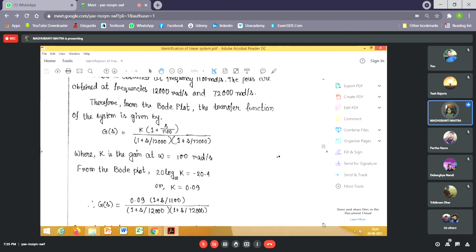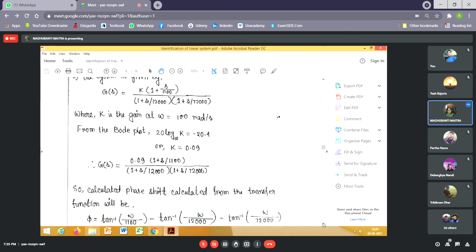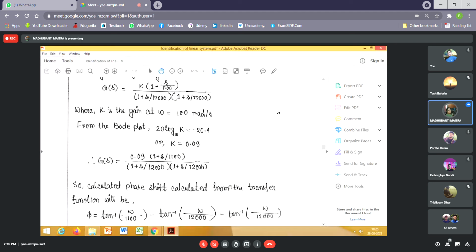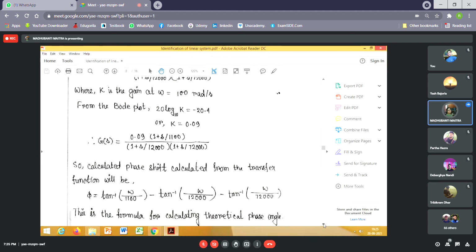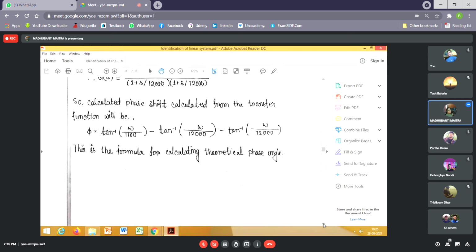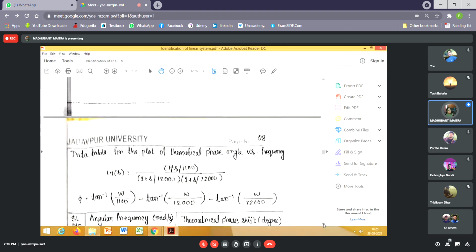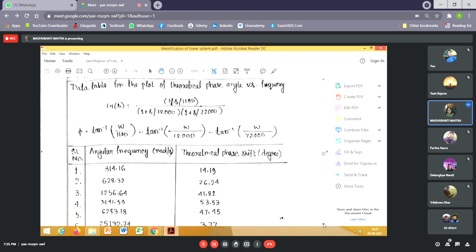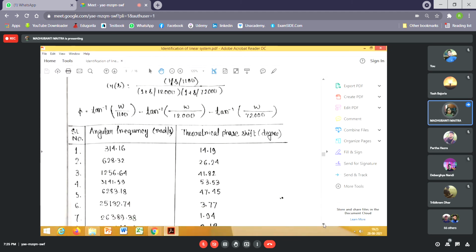Whereas once we obtain the transfer function, assuming it to be an accurate one, from this transfer function we can also calculate the theoretical or actual phase shift. And hence we can compare these two to find out how accurate our experiment was. These are the theoretical phase shifts calculated from this expression.